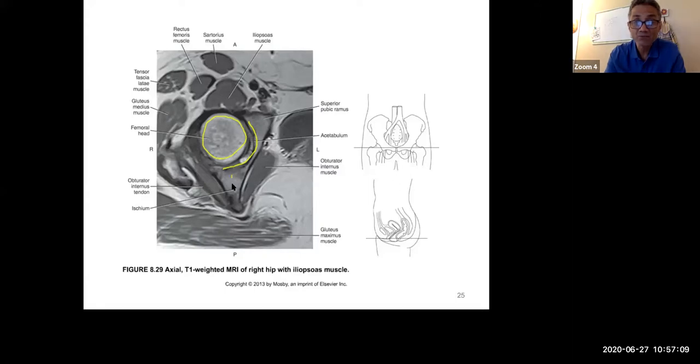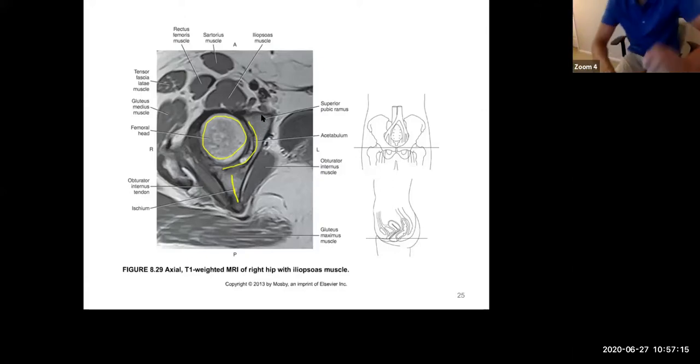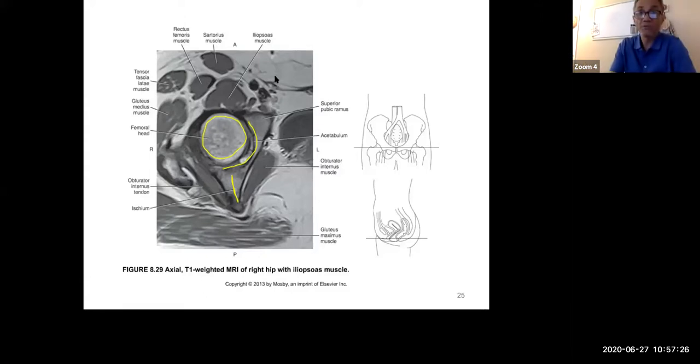So this way is my ilium, and if you go further toward anterior is my pubic bone. So toward this way, posterior is my iliac, and toward anterior is my pubic bone, correct?